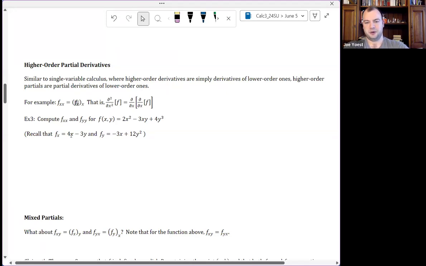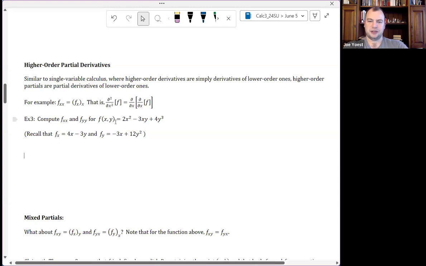That's a function of x and y. And I could take the partial of that with respect to x, giving me, for instance, f sub xx, one of the second partials of f. Sometimes we would write d squared over dx squared of f, or partial with respect to x of partial with respect to x of f.